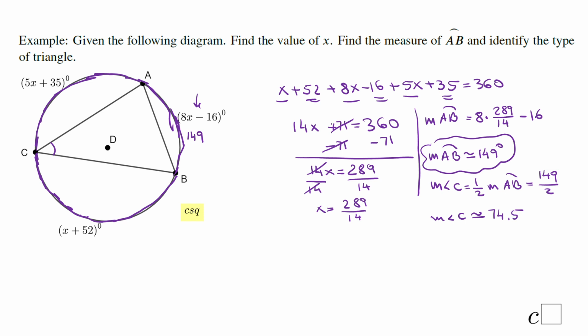Okay, well, we have to do the same thing. We need to find the measure of angle A and the measure of angle B, and for that reason I'm going to find first the measure of arc AC.